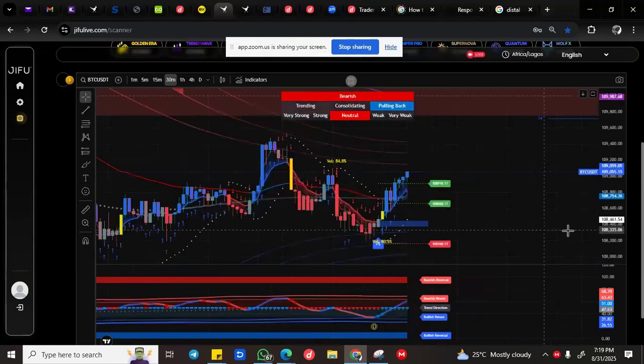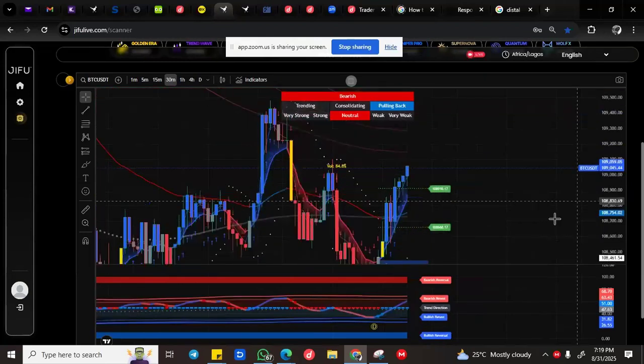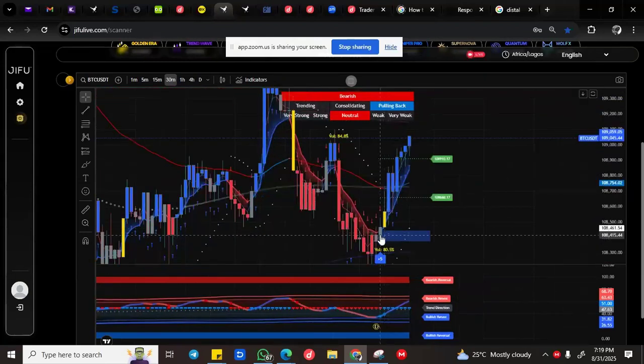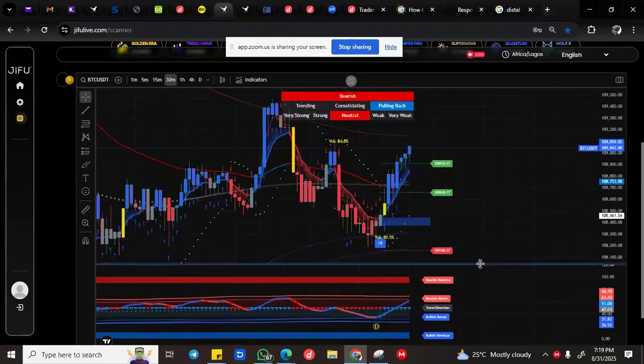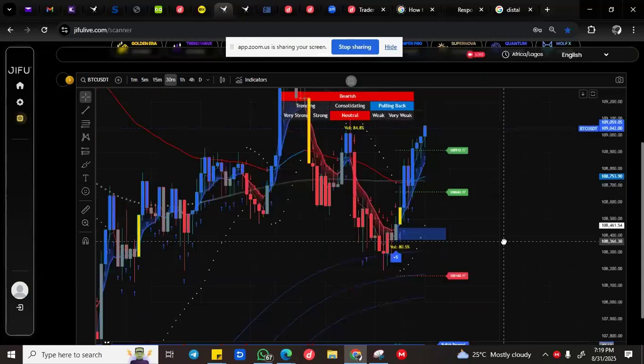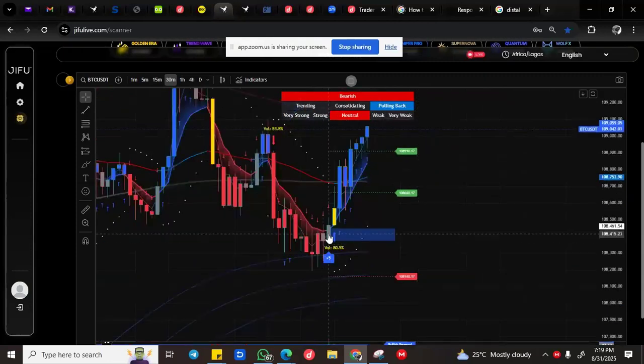Let's say we have, after this, entry points. Now, if you understand Japanese candlesticks as well, you understand that after this pin bar here, the next candle is most likely going to be bullish. Plus, this is a fair value gap area. So once you get this, you know that okay, I think I'm good to go.